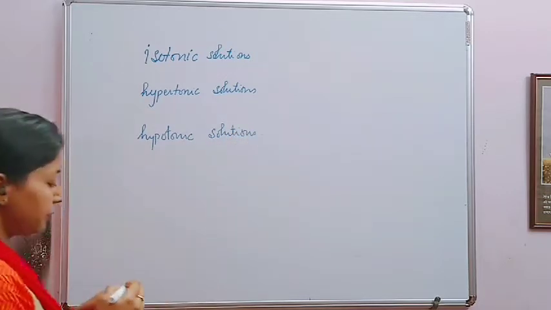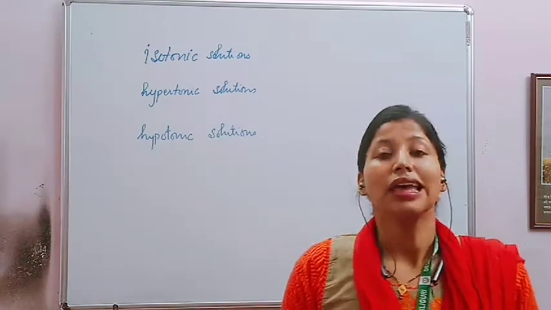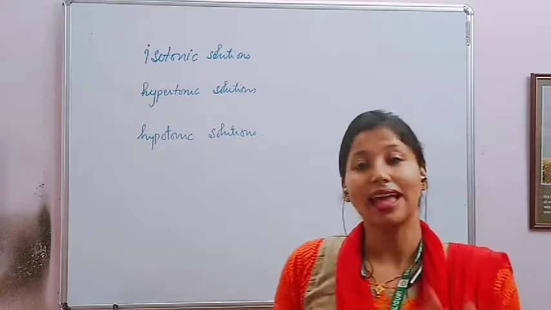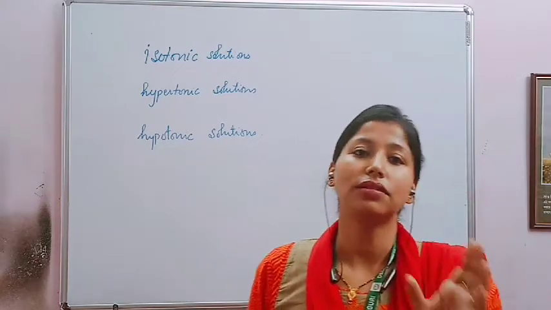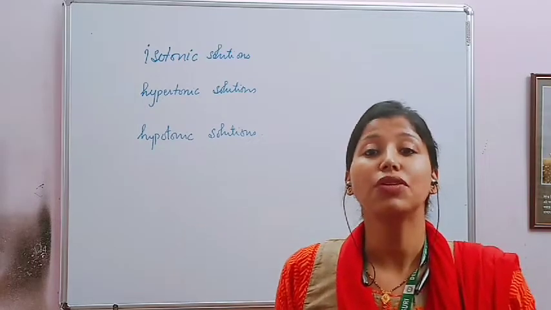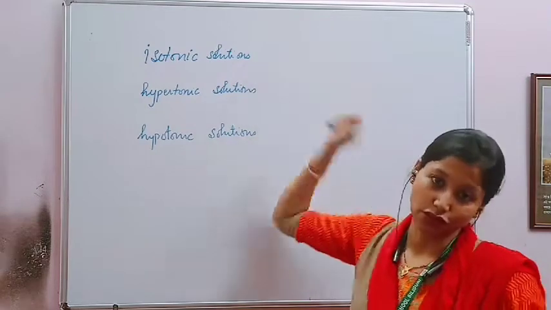Okay. Now, what are isotonic solutions? Solutions which have the same osmotic pressure at the same temperature are called isotonic solutions. That means they should have the same molar concentration. Those are called isotonic solutions.